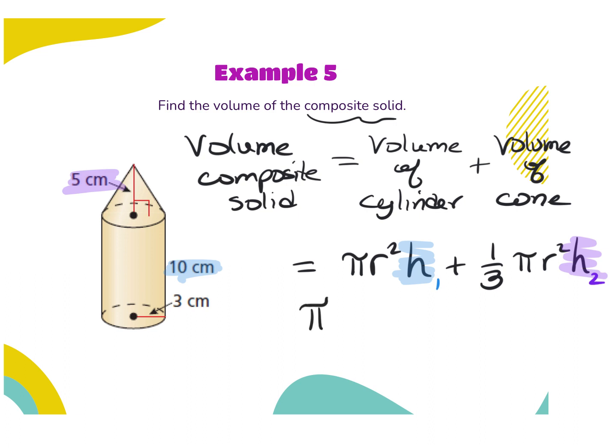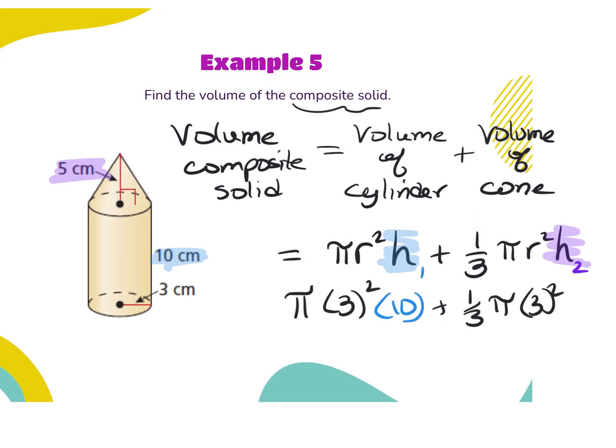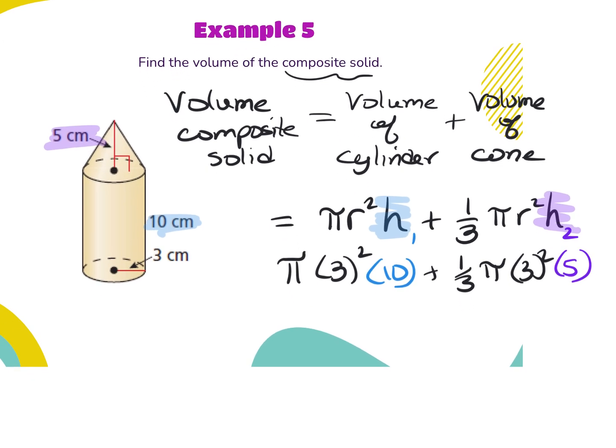So pi, and then the radius is the same, it's 3, and this height was 10, and then 1/3 pi, same radius, but a different height. So now when I multiply this, I'm going to get 90 pi, multiply this one, and I get 15 pi.